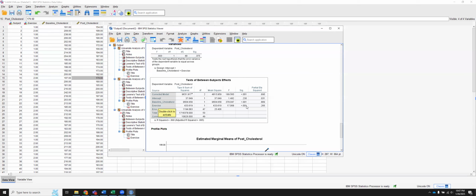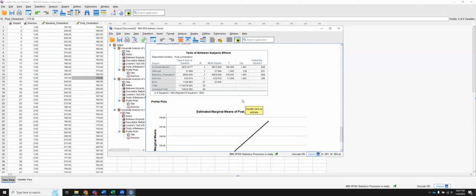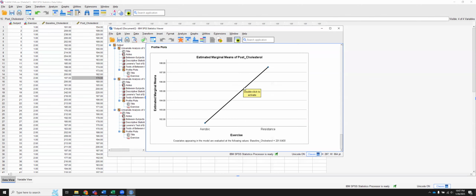The reason we didn't see the significance before is because we didn't consider the baseline level, which had a very significant impact on the post cholesterol level. These two rows are the most essential for us to draw the conclusion: this one and this one.